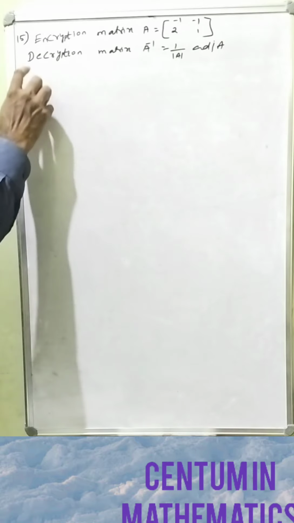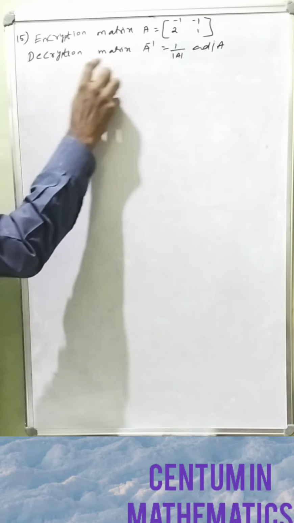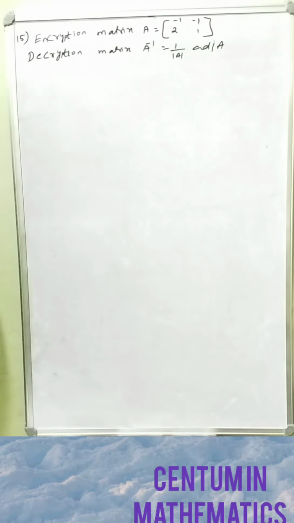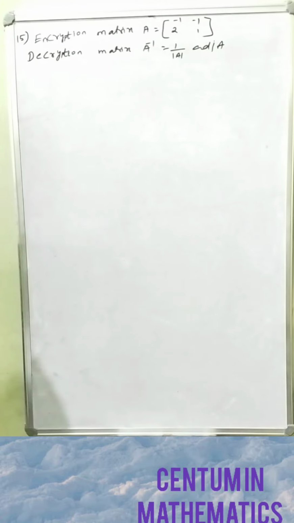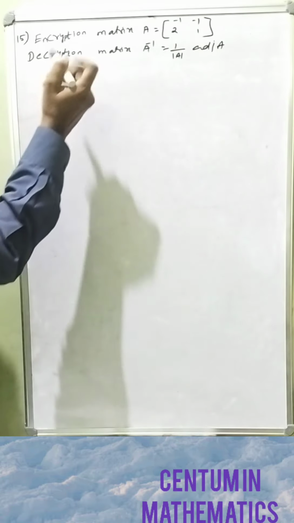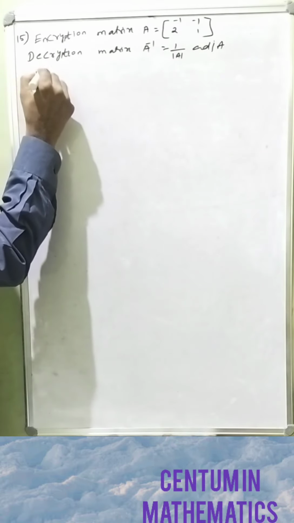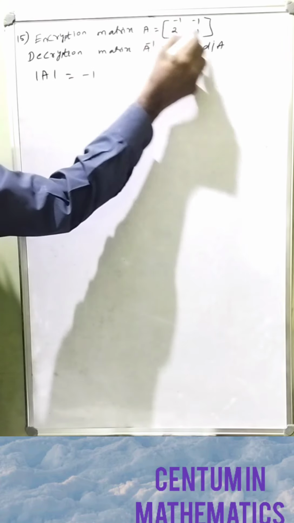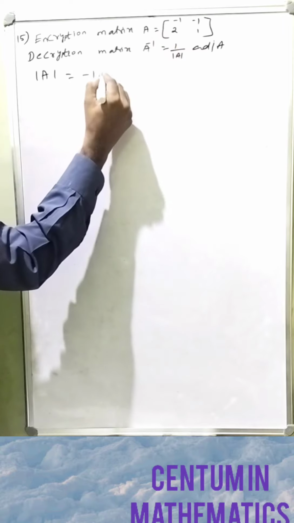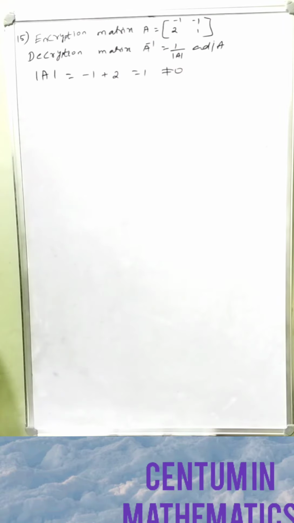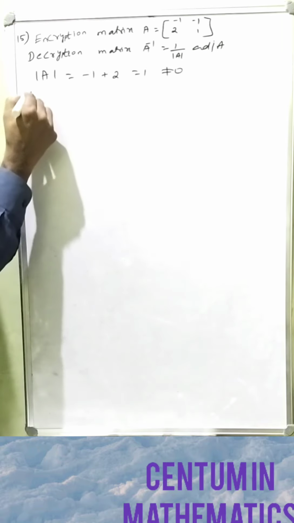So we have to find the decryption matrix, A inverse equals 1 by determinant of A into adjoint of A. First, the determinant of A, for a 2 cross 2 matrix: minus 1, here minus, so it becomes plus. Equal to 1, not equal to 0, so A inverse exists. So we have to find the adjoint of A.